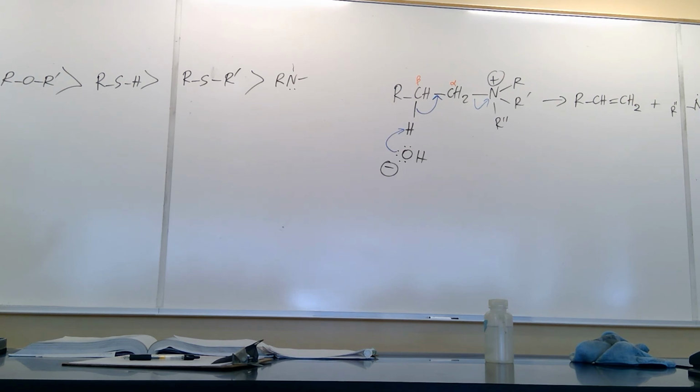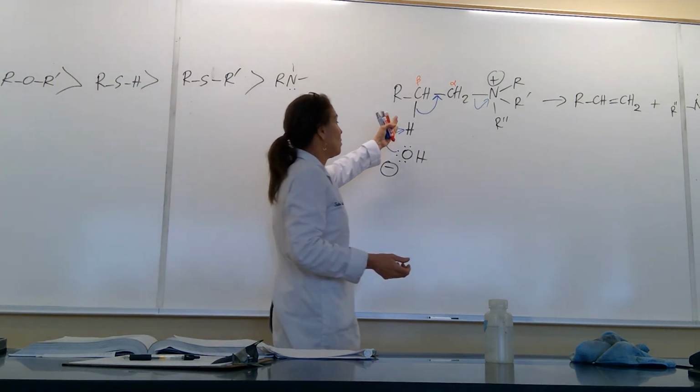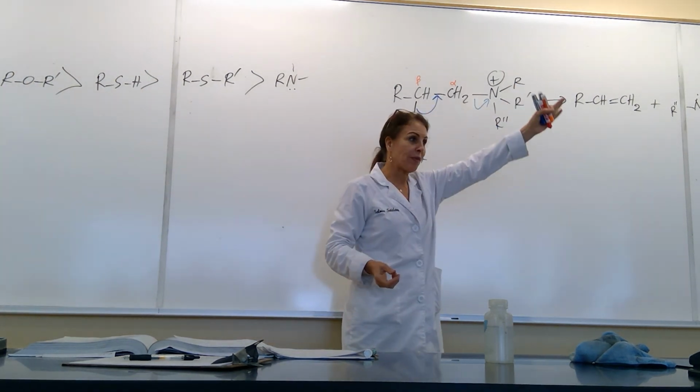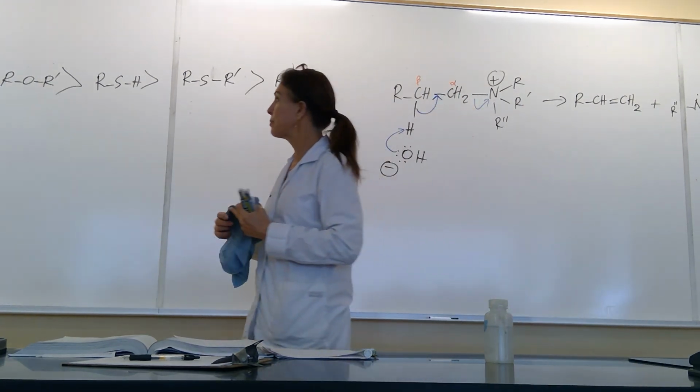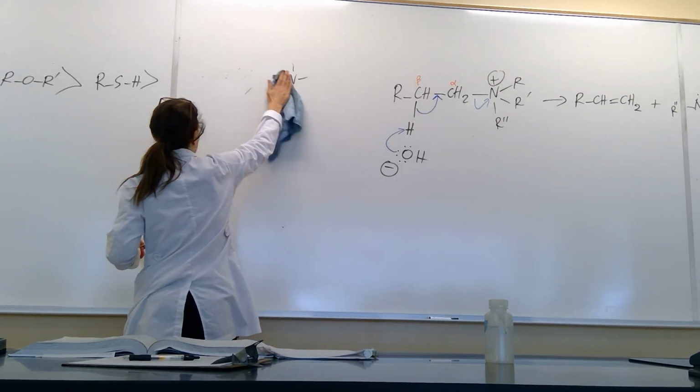The quaternary more stable than tertiary. That's why substitution is not going to happen. But if it's an elimination, it will happen just because you form a double bond here, so that's driven by the double bond formation. So let's try a few examples.